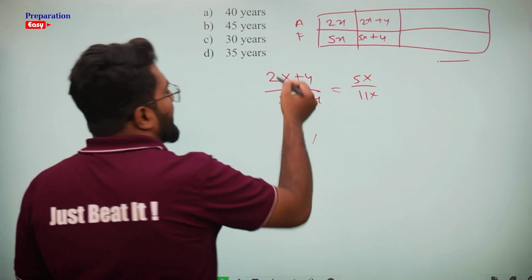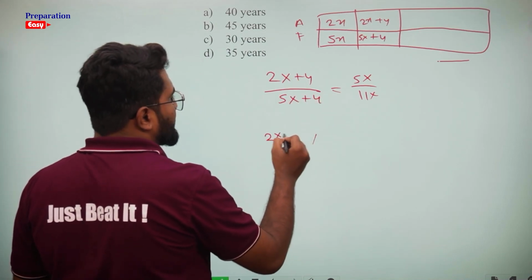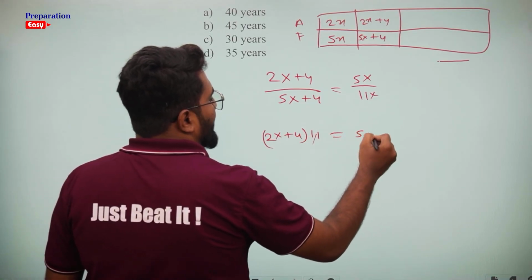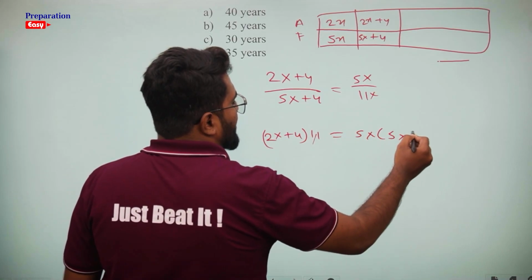Okay, so 11 into (2x plus 4) equals 5 multiplied by (5x plus 4).